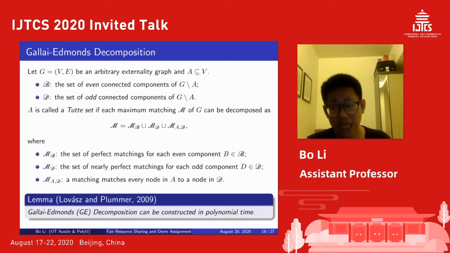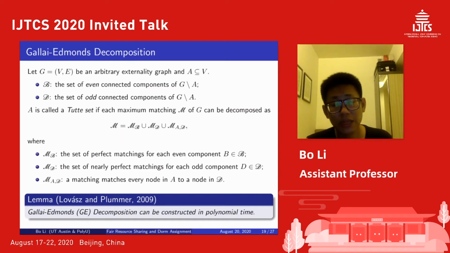Then there will be several connected components in the remaining graph. We use B to represent the set of all even connected components. So each component in B contains an even number of nodes, an even number of agents. And we use D to represent the set of odd connected components.